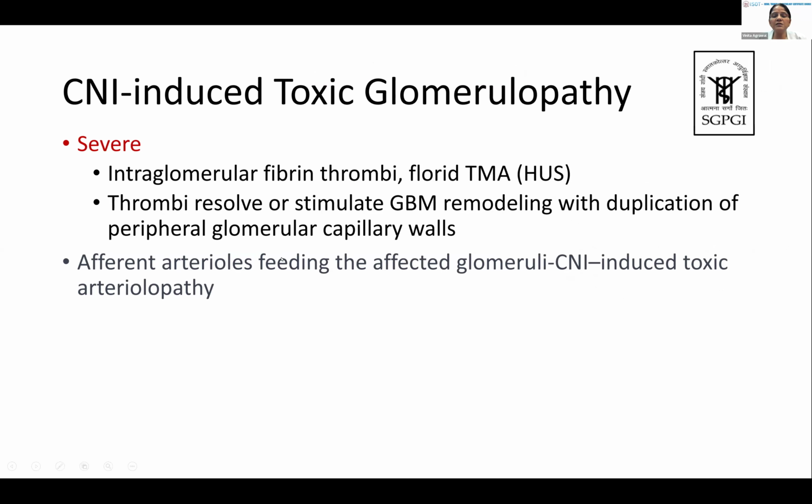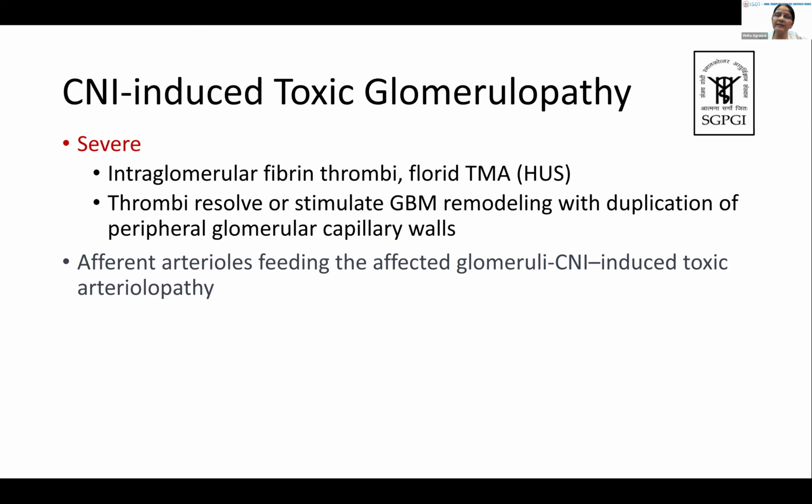Now coming on to toxic glomerulopathy, which is very severe. And the severe toxic glomerulopathy presents as thrombotic microangiopathy. You may or may not sometimes have fibrin thrombi, but it causes damage to the wall with presence of fibrinoid material and fibrinoid necrosis. The thrombi resolve with time and they cause GBM remodeling with duplication of the peripheral glomerular capillary walls.